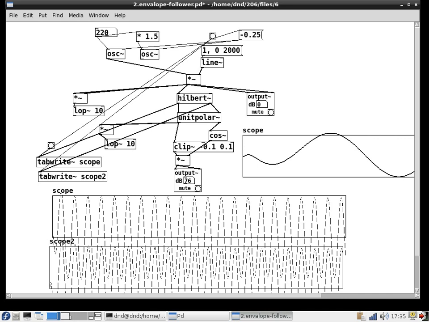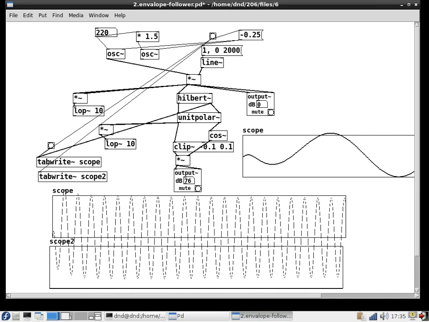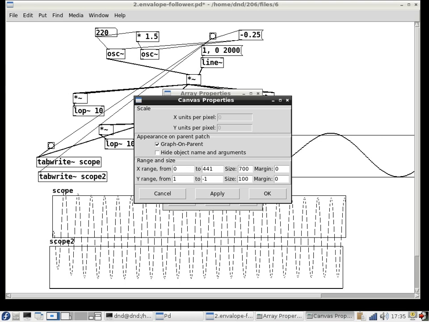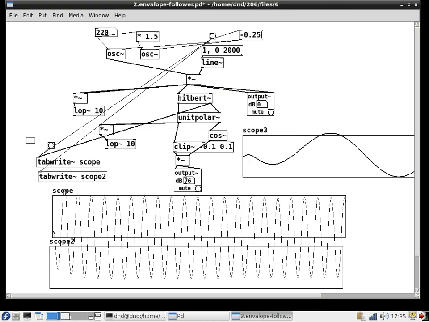Sorry, I have no idea why this is working at all now, but anyway, it's working, so let's just enjoy it. I see. What I did was I copied the table. What I really need to do is give it a new name, and then really start writing into it. Oh, mistake.